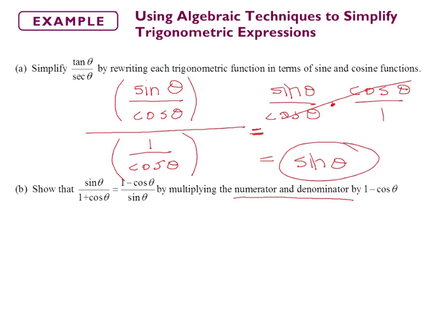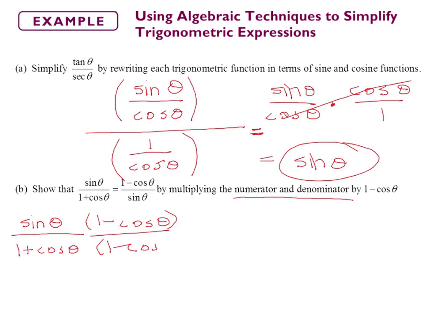So we say that the sine of theta over 1 plus cosine theta. And I'm going to multiply the numerator and the denominator by 1 minus cosine theta over 1 minus cosine theta, right?